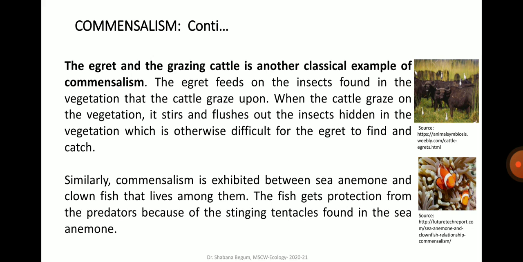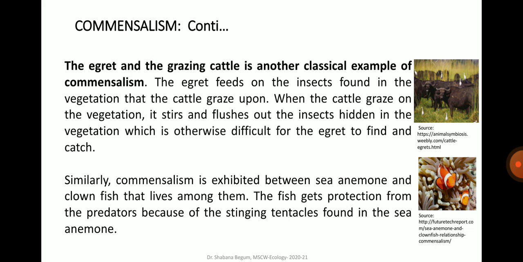One more example is the egret and the grazing cattle. The egret feeds on the insects found in the vegetation that the cattle graze upon. When the cattle graze on the vegetation, it stirs and flushes out the insects hidden in the vegetation, which is otherwise difficult for the egret bird to find and catch.